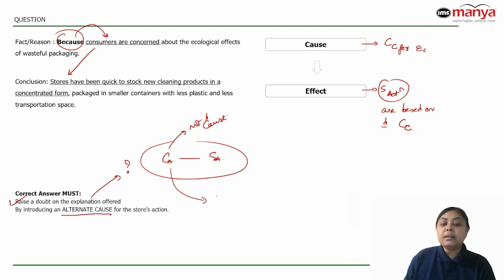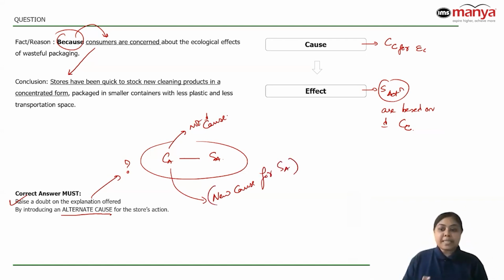There has to be a new cause for the store's action. This is what I need to keep in mind when I am selecting a correct answer. I need to look for an alternate cause or a new cause for the store's action.